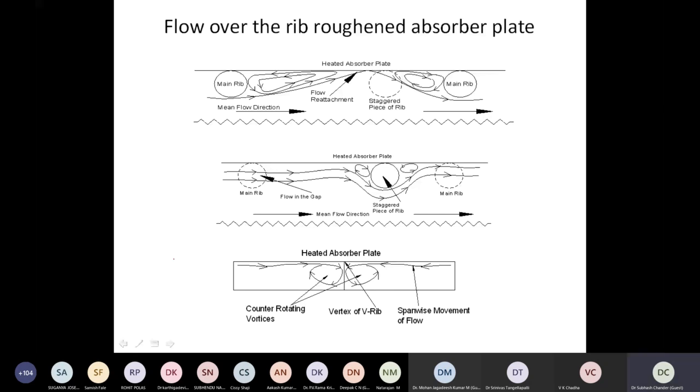And when the flow comes through the gap, it will come over the staggered rib and create two circulations before and after the staggered rib, and there are some secondary span-wise flow movements, vortices created at the vertex of that rib. So these are the flow speculations that we have.